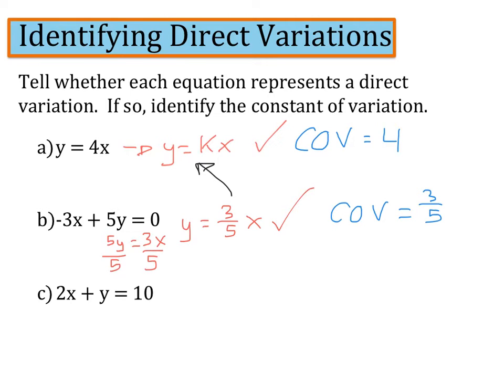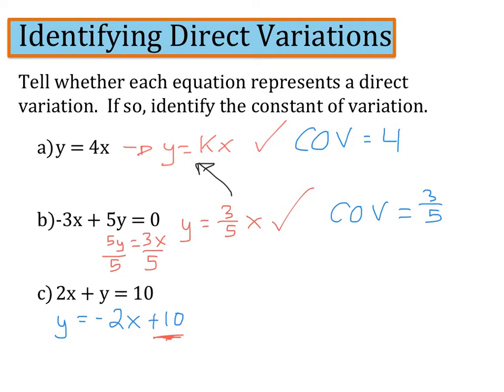Alright, let's look at example C. In example C, it seems to be written in standard form, so let's try to isolate y and see if anything happens. We'll subtract 2x from both sides, and we'll be left with y equals negative 2x plus 10. Now this plus 10 tells us that it's not a direct variation.